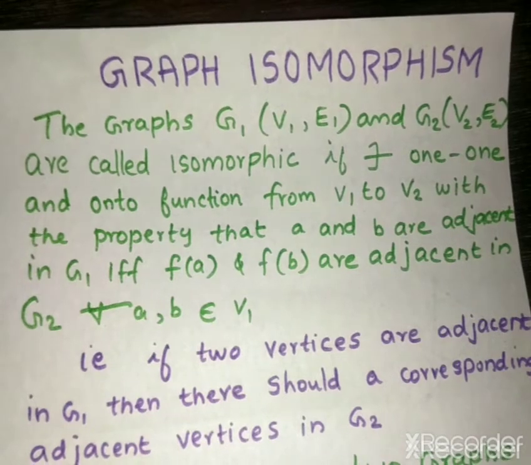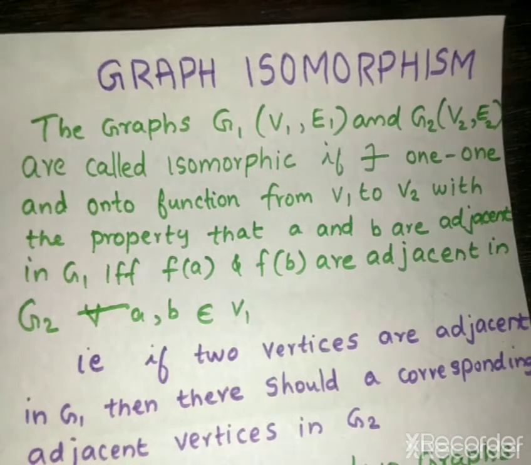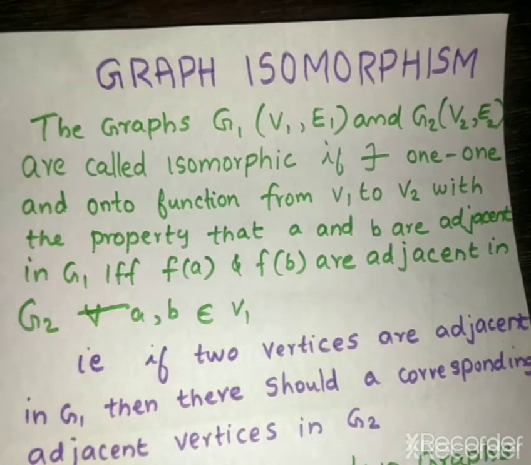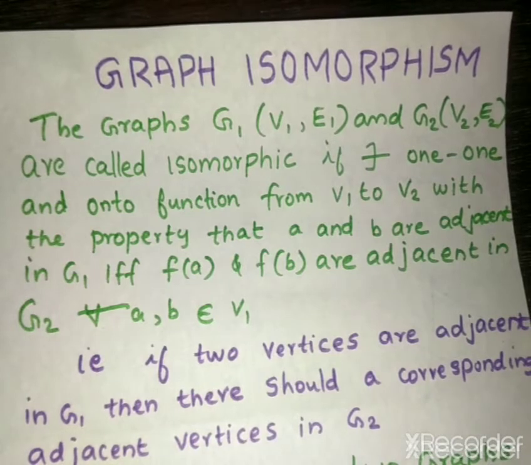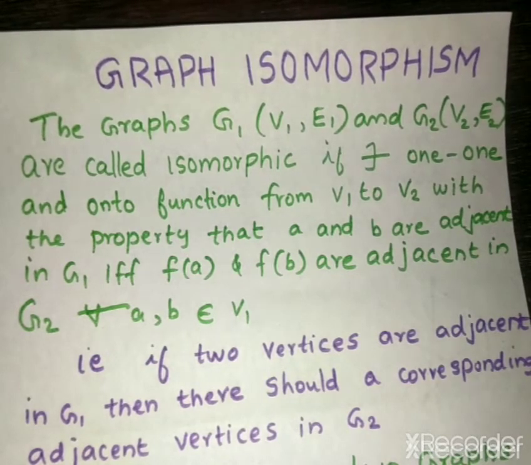That means if we consider two graphs G1 and G2 with vertex and edge sets V1, E1 and V2, E2, then those graphs are called isomorphic if there exists a one-to-one and onto relationship from the vertex set V1 to the vertex set V2 with the property that if A and B are adjacent in G1, then there should exist a corresponding edge in G2 also, such that f(A) and f(B) are adjacent in G2.